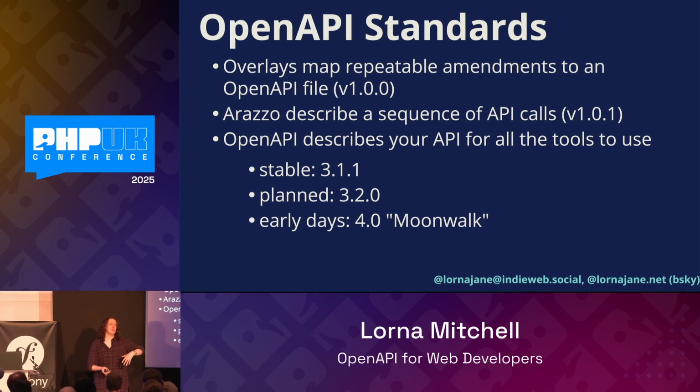If you have something that looks a bit more RPC-ish or is very polymorphic, this stuff is going to help you a lot, but it is not anytime soon. If those are problems that you want to help solve, please get involved with the Moonwalk group. Have a look at what they're doing. There's a good understanding of the separation of the API design and the API deployment. It's very exciting, but you can't use it today.